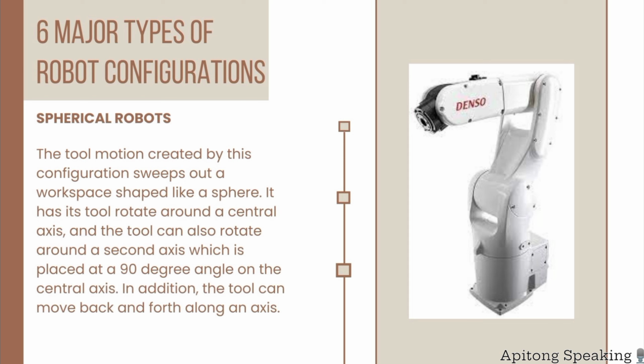So this type of robot has 2 rotary joints and 1 prismatic joint. In other words, there are 2 rotary axes and 1 linear axis. The spherical robot's arm forms a spherical coordinate system.